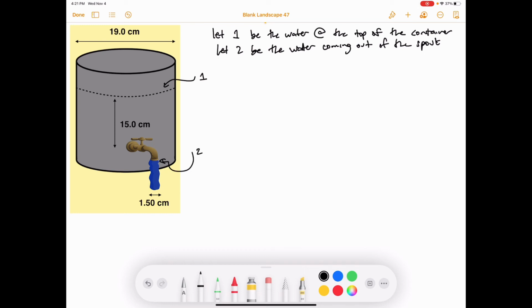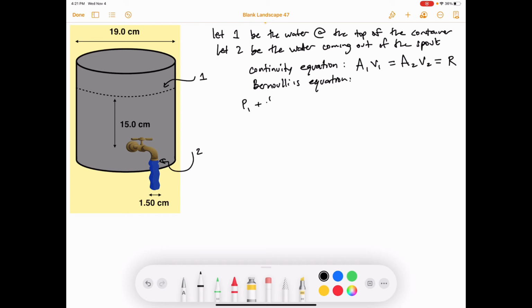Now we can relate what's going on at point 1 and point 2 with two different equations. We have the continuity equation that we saw earlier. So this says A1 V1 equals A2 V2, which is equal to the flow rate R. We also have Bernoulli's equation. And this relates what's going on at point 1 and point 2.